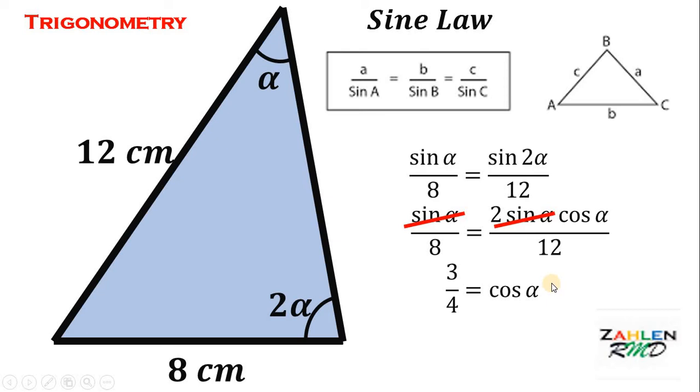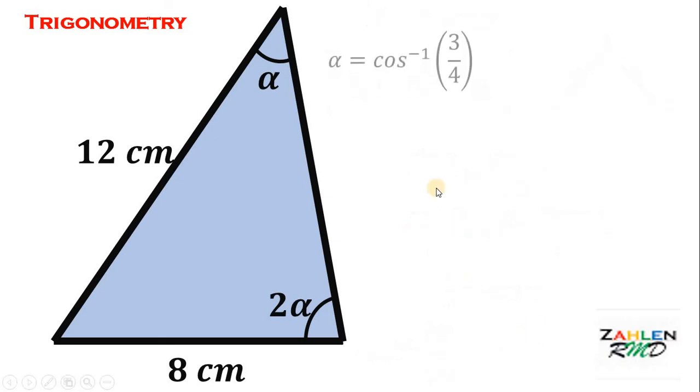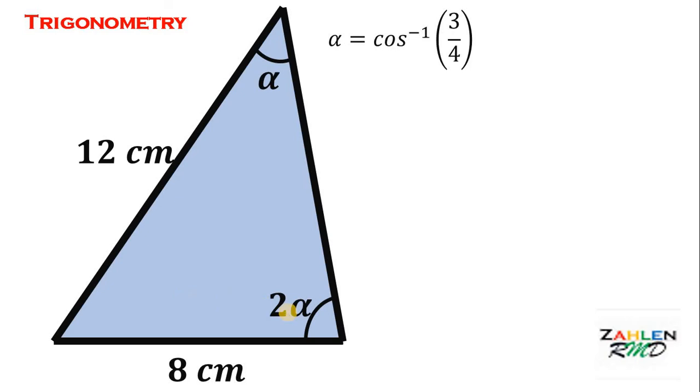Simplify, and we get 3 over 4 equals cosine of alpha. Now, take the arc cosine of both sides, and we get that alpha must be equal to arc cosine of 3 over 4. Now, keep in mind that alpha must be equal to arc cosine of 3 over 4. From our figure again, we know that the sum of all internal angles of a triangle adds up to 180 degrees.